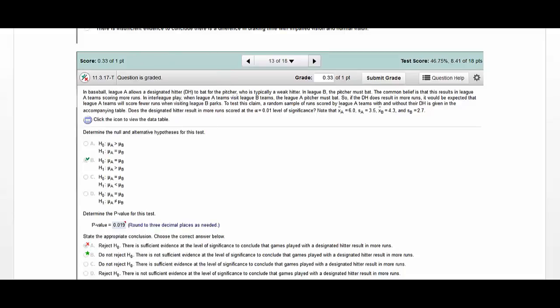Let me go back in here. Designated hitter, typical weak hitter, and was bat. Scoring more runs. An interleague play must be bat. Okay. Expected with lower runs. Claim this test. Okay, so I actually need to go look at the data and figure out n. So let me go get the data so I can figure out how big the sample size is.